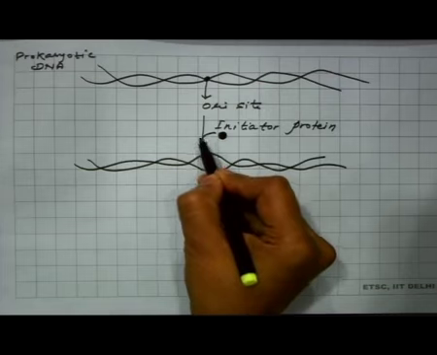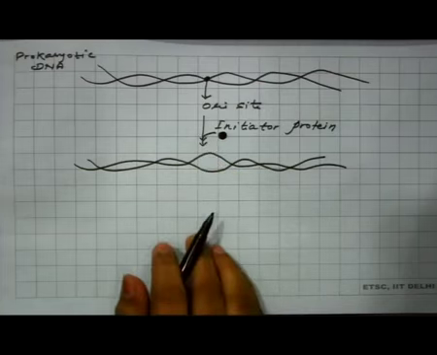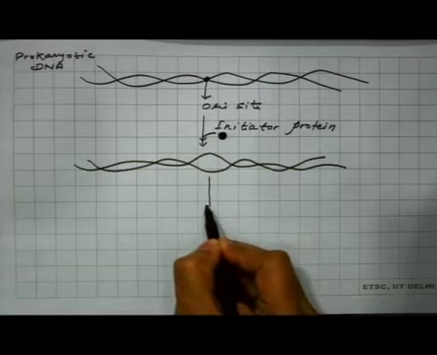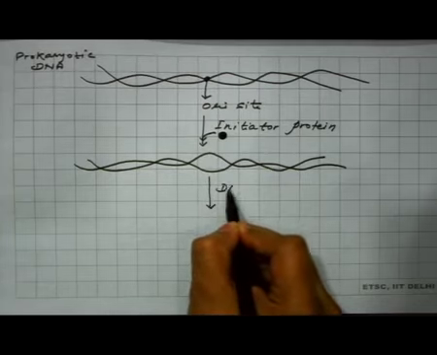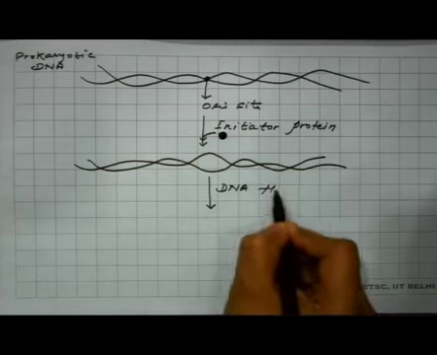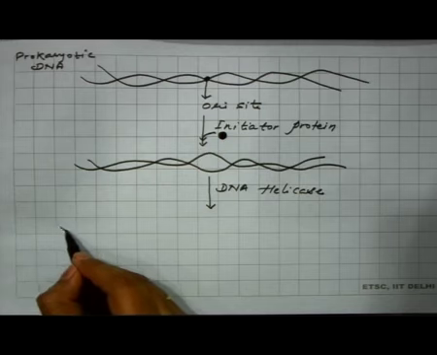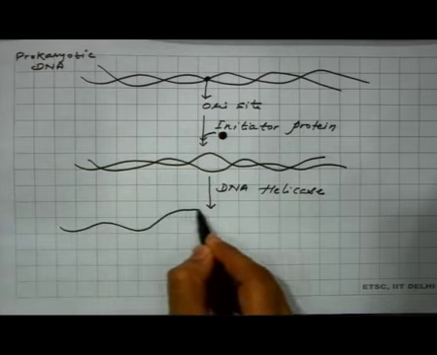So, this unwinding of a short stretch of DNA is because of the initiator protein, and after this unwinding DNA helicase enzyme will continue the unwinding of the DNA strand.